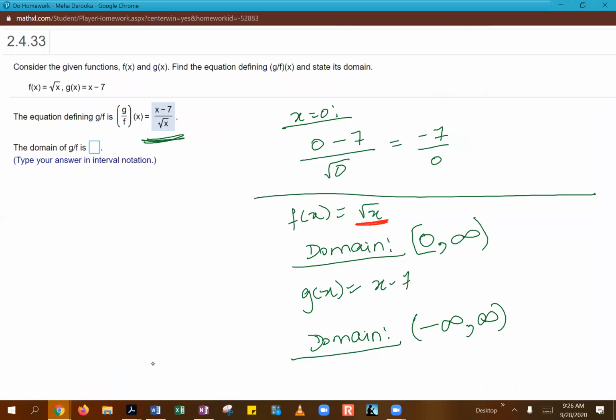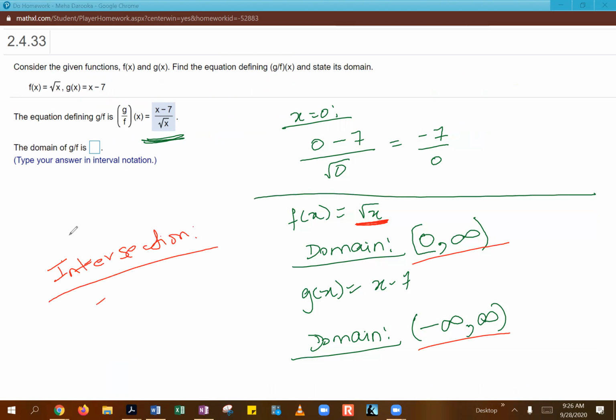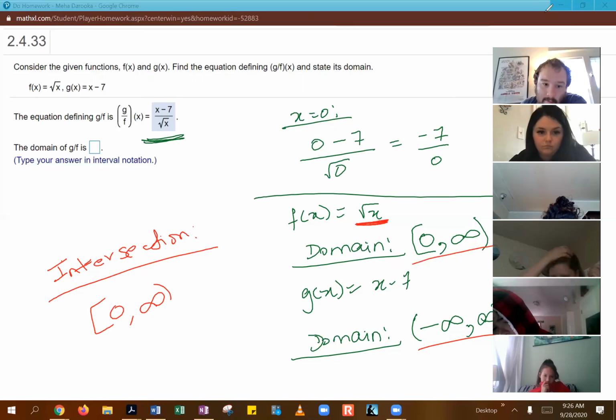So if we go back to our example over here, the intersection between these two domains would actually look like, if we just talk about the intersection, 0 to infinity, including 0. But as Arthur pointed out earlier, we cannot use 0, right?